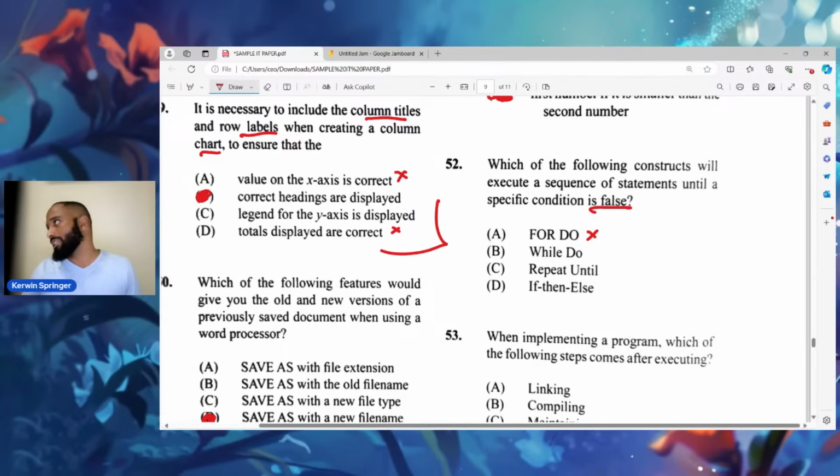While x is greater than 3, do this. While x is not equal to that, do this.